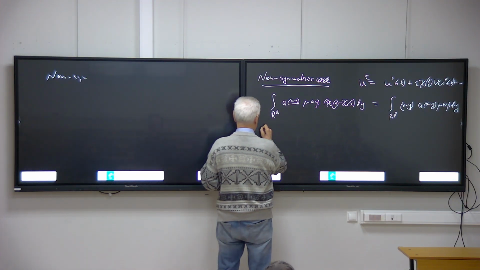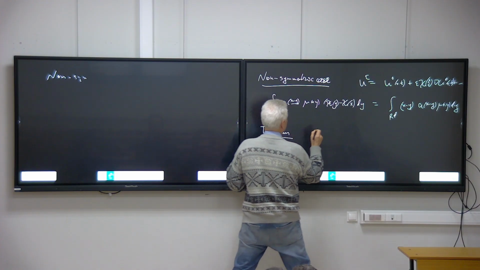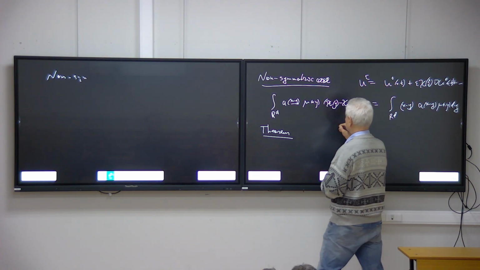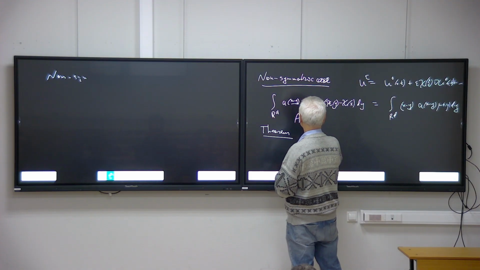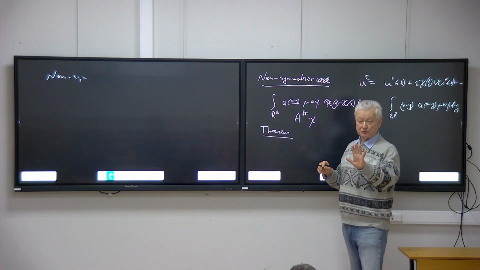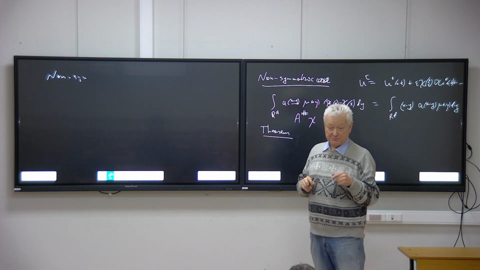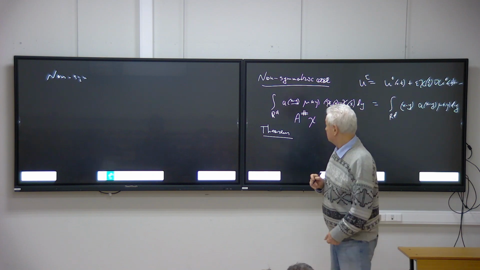Theorem. If we denote this operator by A hash, because now it acts on the torus, on periodic functions, so I prefer to use another name with a hash.